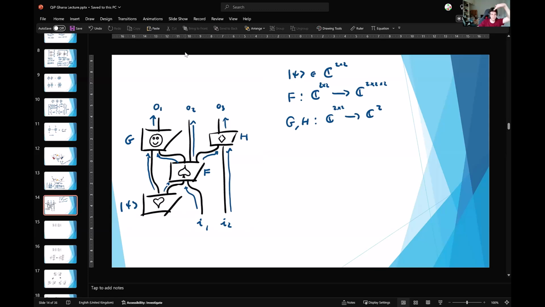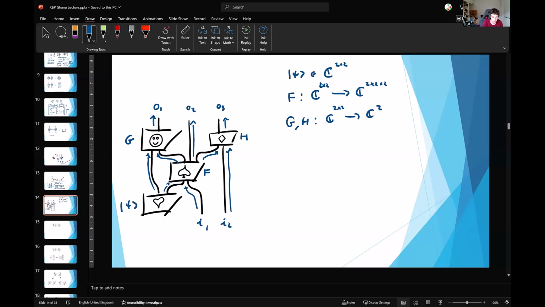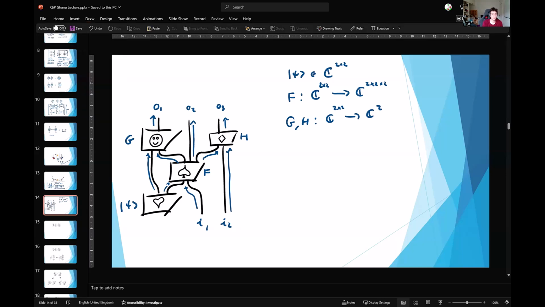So first in parallel, then in sequence. So I have to make layers, and then I have to write matrices for these layers, and then I have to compose these matrices all together. This is just an example to show you why you don't want to use traditional notation to do this in general.